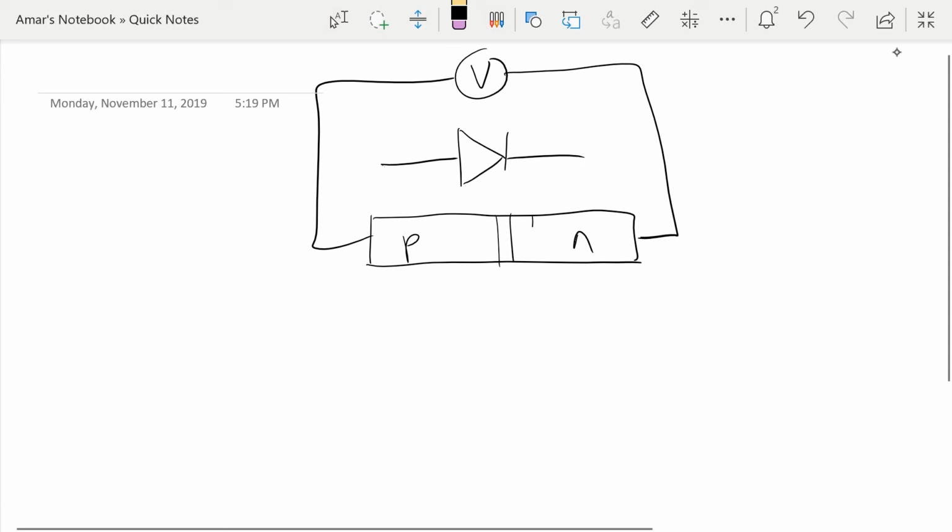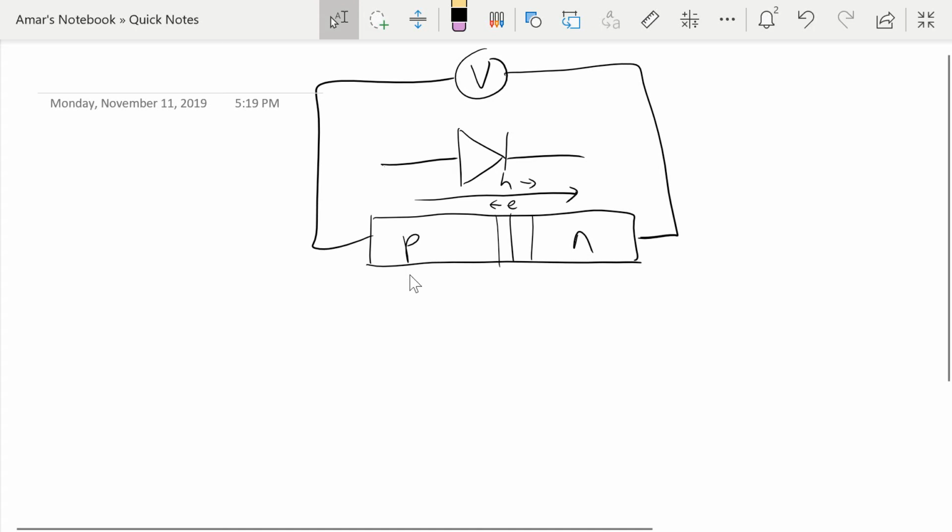This is the depletion region in the middle here. So there is current going through here, right? Current means that holes are going this way and electrons are going the other way, right? So those holes and electrons have to come from somewhere. So the voltage source is providing those electrons and holes.